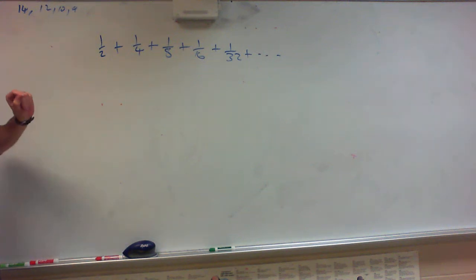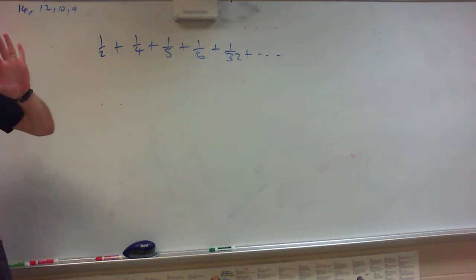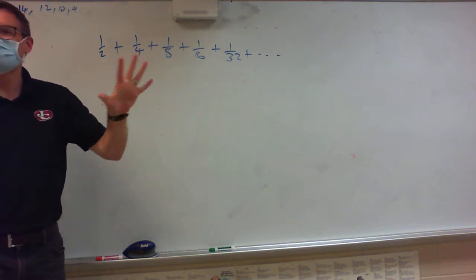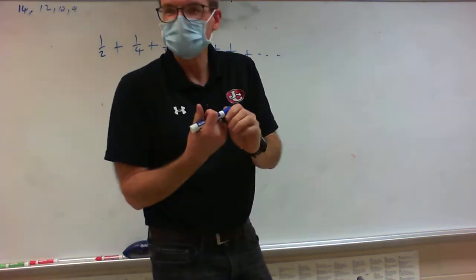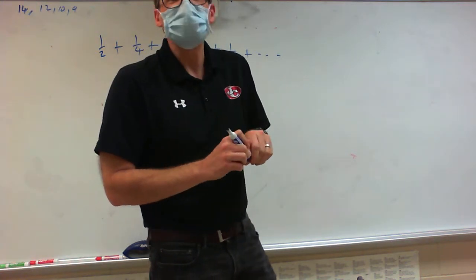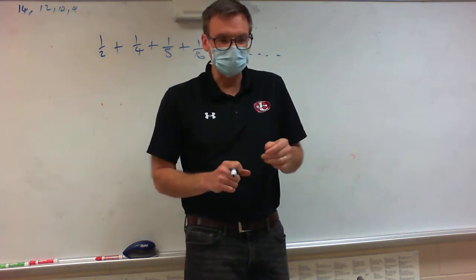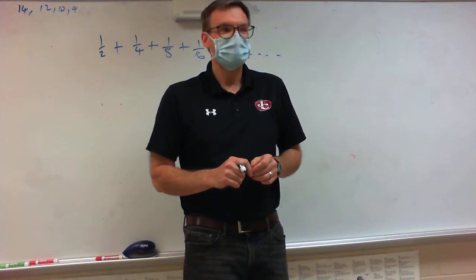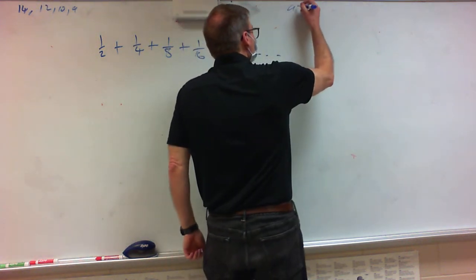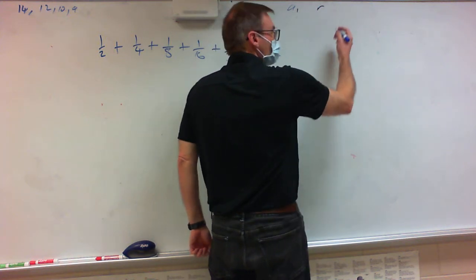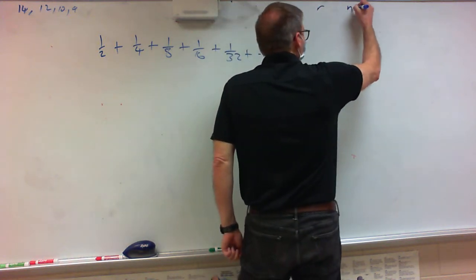So yesterday I introduced this whole geometric series, and let's just refresh our memory. For a geometric series, what three pieces of information do you need? First term. Common ratio. Okay, so we need our first term, our common ratio, and the number of terms.